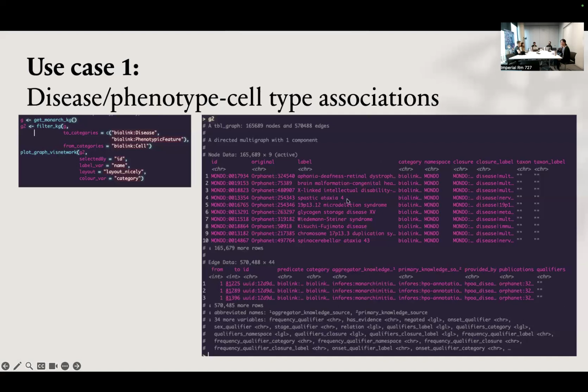So that includes the diseases, the phenotypes, the cells. And then you have the edges, which are the connections between them, and some information about where those connections came from, the strength of the connections, publications that support those connections. And everything has a unique identifier, both the nodes and the connections, so that it makes it quite easy to search through this.